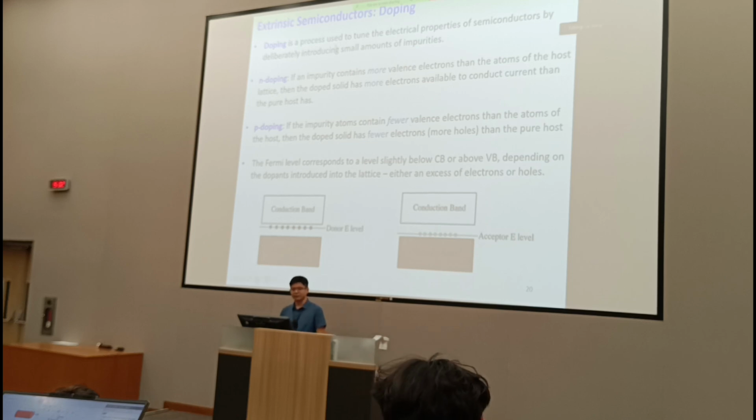That is the intrinsic semiconductor, intrinsic without doping. But the good thing about semiconductors is that you can make them extrinsic. Through a doping strategy, you can increase carriers by introducing impurities or defects.